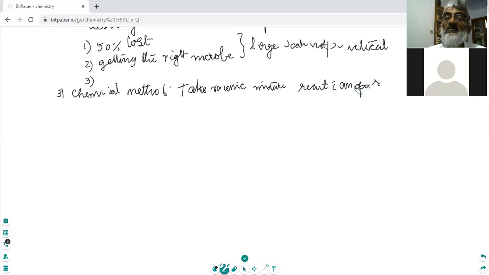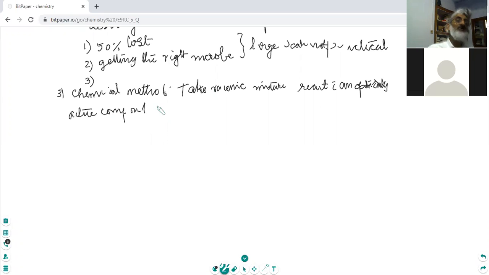One optically active compound, either plus or minus, not a mixture.